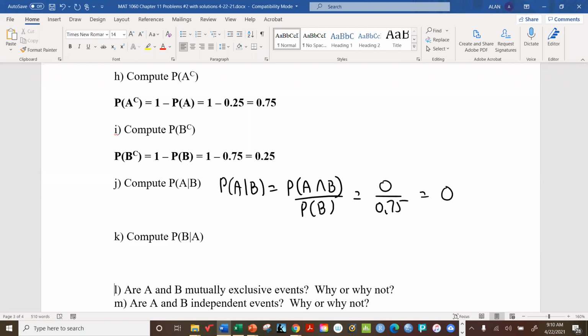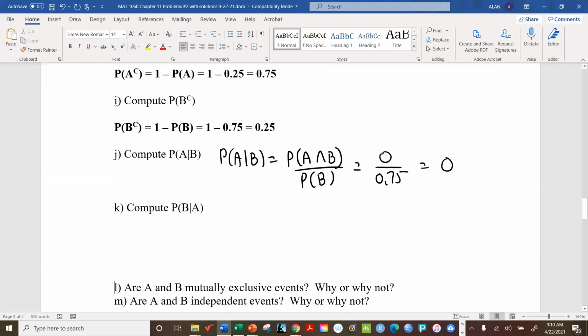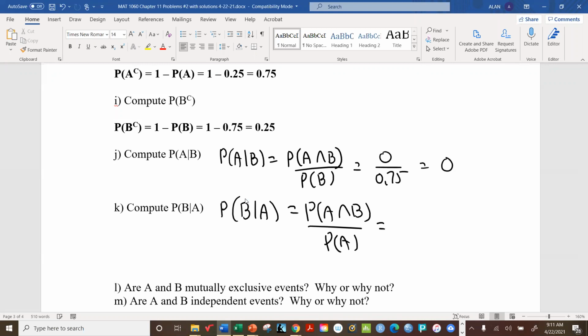This is kind of unusual. It doesn't usually work out this way. Normally, we would have some other intersection here and there would be a positive value, but sometimes this does work out this way too. So, we'll be ready for any event that comes along. Just be aware that in this formula for the second case, with B given A, the probability of A is in the denominator. All right, so that was easy.